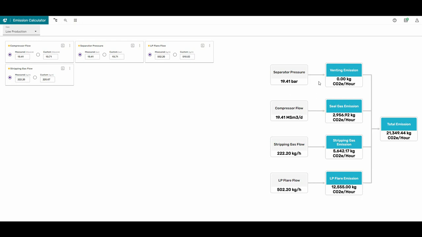So each calculation is very fast. So it's just about setting up the right network or topology between the models to be able to be efficient and really see what you can do in an efficient way to lower your emissions. And of course, that will be reflected immediately on your reporting or dashboard to see the performance there.